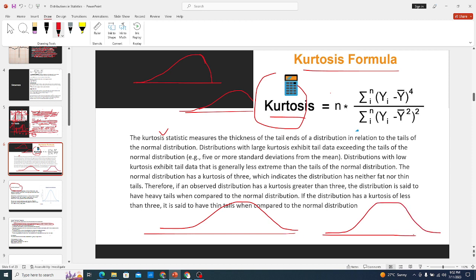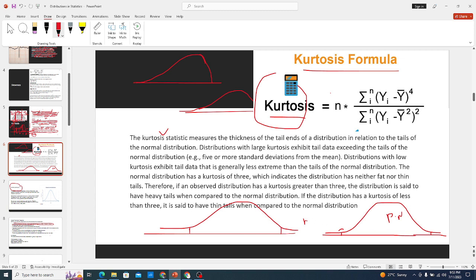Let's assume this is the perfect normal distribution. You can see here we have a standard thinness of the tails. We'll check what happens when we have thicker tails, or thinner tails.